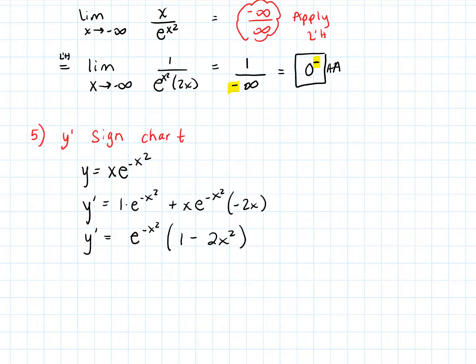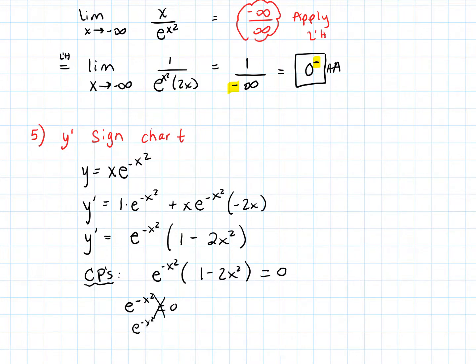So there's my derivative. I have to find the critical points. So we would look at where e to the negative x squared times 1 minus 2x squared equals 0. So that would be when e to the negative x squared equals 0, but that's never equal to 0 because e to the negative x squared is greater than 0 always. Okay, but when does 1 minus 2x squared equal 0?